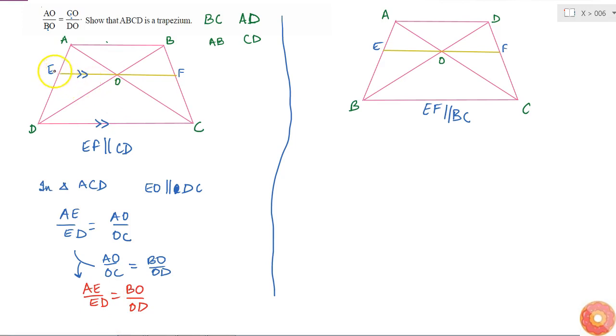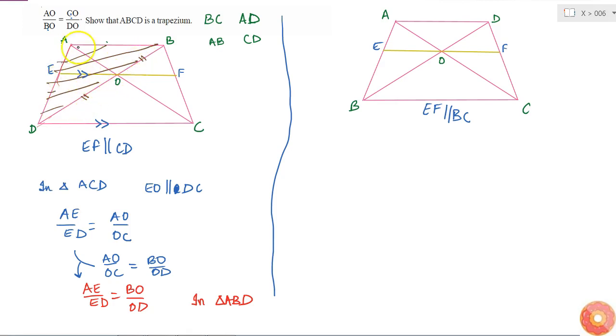So then what will happen? If I have AE by ED is equal to BO by OD, I'll consider this triangle ABD. In triangle ABD, this relation is holding. So if AE by ED is equal to BO by OD, then what can I tell? EO is parallel to AB, because in this triangle the ratio of this side to this side is equal to the ratio of this side to this side.